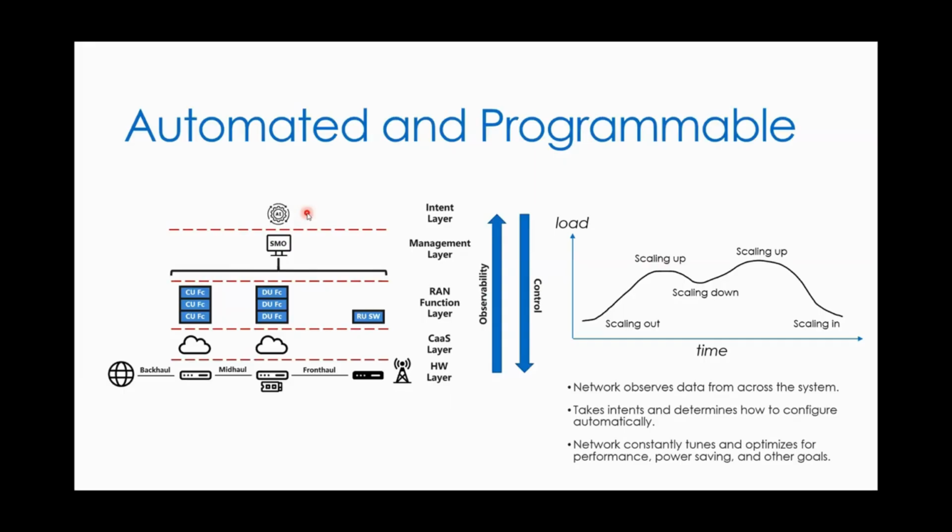I want to optimize for power saving, but I'm generally giving it a more general instruction of what I want the network to do. And then that intent layer is going to figure out how to take that generic instruction and convert it into configuration parameters and so on, such that I can tune the different layers of the network to optimize and achieve the intent that I've been given.